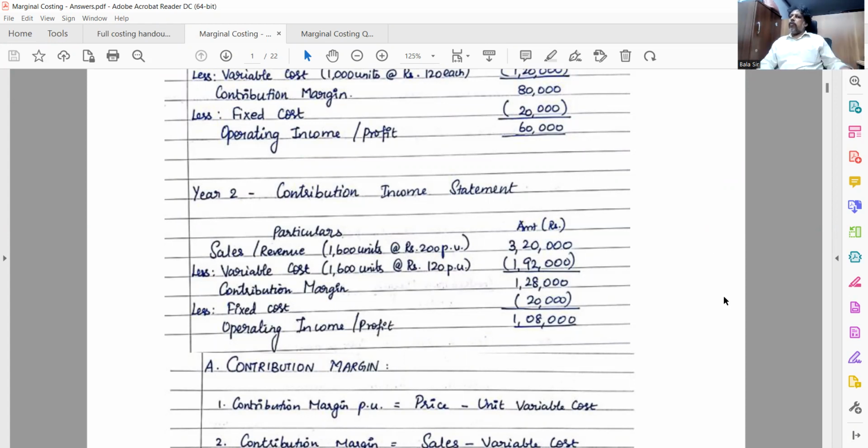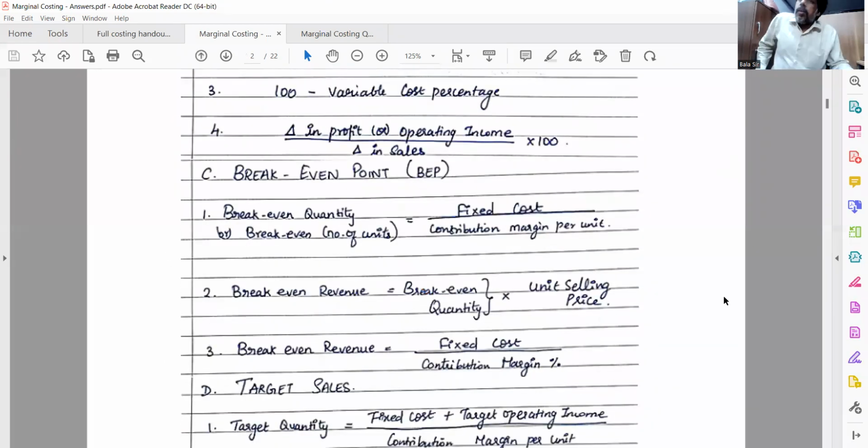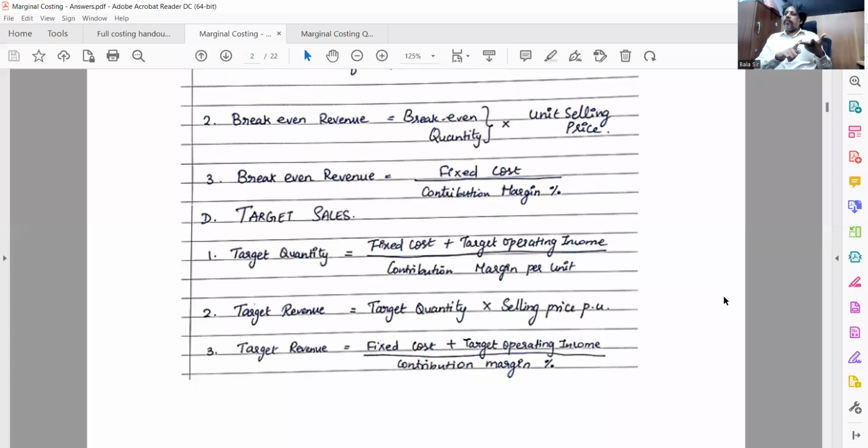And once you break even, then you become greedy. You want to have a target profit in mind and then work towards it. Now, please remember, when you add your fixed cost and your target profit, it gives you the target contribution. Divide that by 80, and you'll get the number of units you have to sell to earn that profit.